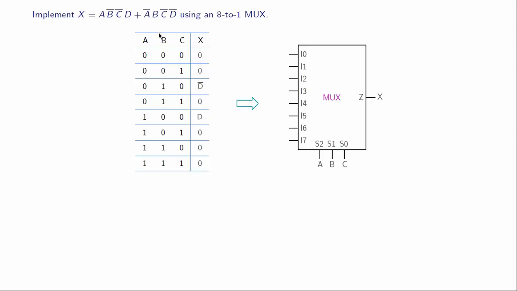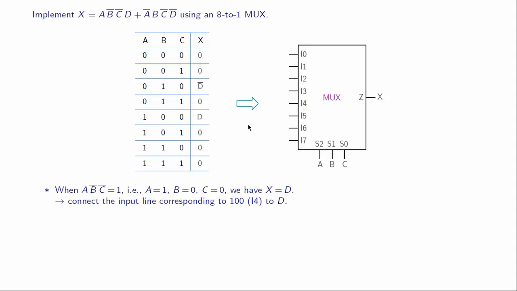Similarly, consider this minterm. This A bar, B, C bar is 1 when A is 0, B is 1, C is 0. So 0, 1, 0, that is right here. And when that happens, x becomes equal to D bar, 1 ANDed with D bar, that is D bar. So that is why we have D bar here. And in all other cases, x is equal to 0 since we have only 2 minterms. So that is how we have prepared this truth table.